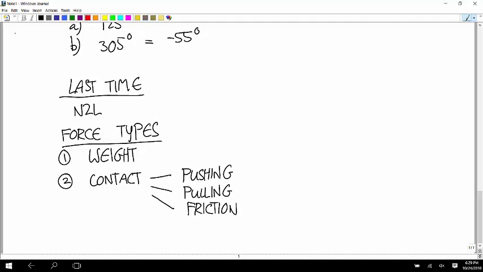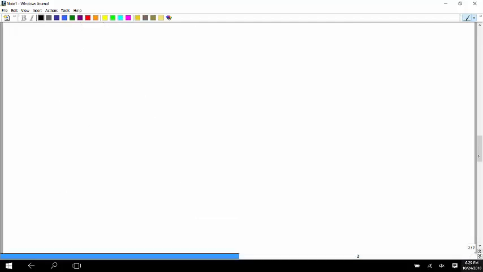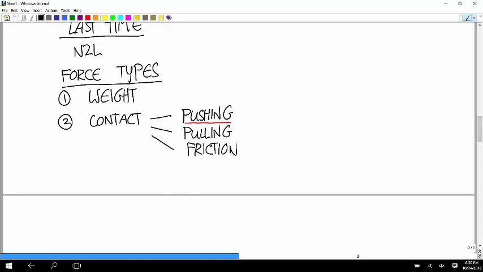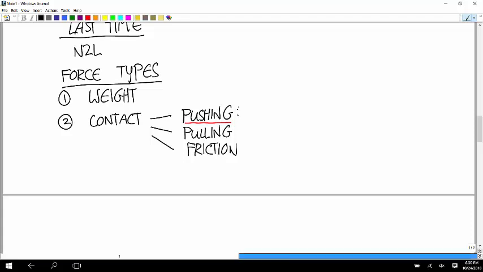And so far, we've only talked about pushing contact. And what do we know about the direction of a force when there's pushing contact? We know that the force is perpendicular to the surface and toward the chosen body.